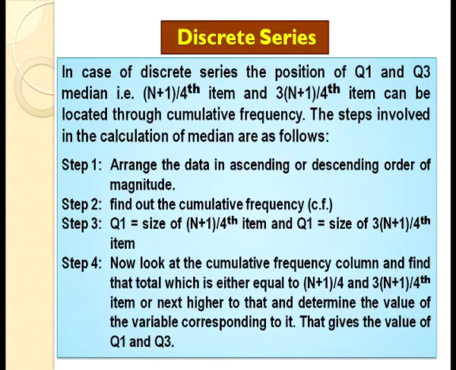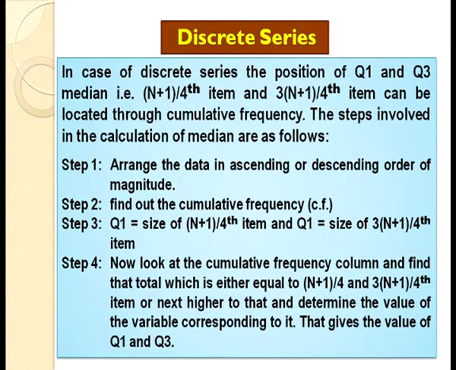Here step 1 again comes. We need to arrange the data in ascending or descending order, but we now know we should arrange the data in ascending order. Step 2, we are going to find out the cumulative frequency also. We are going to make one more column. Step 3, we find the value of (n plus 1) by 4th item for Q1, and for Q3 we find 3 into (n plus 1) by 4th item.